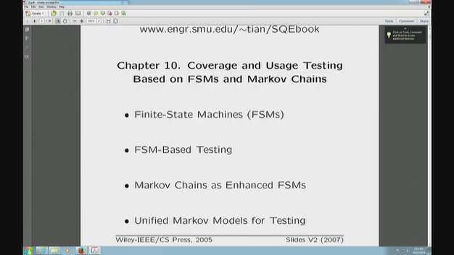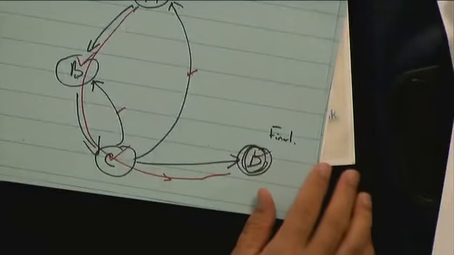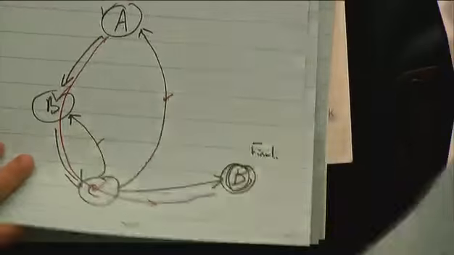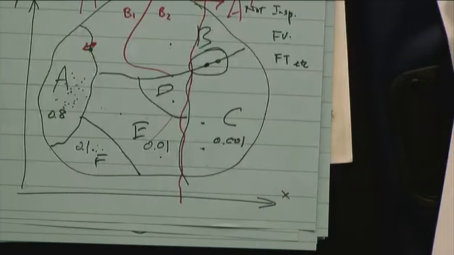So for example, we may have something like this. When we were talking about Musa's operational profiles, we started from here. We said that we have those partitions, but some of them are used more often than others, so we can reflect that in some models and then test accordingly.